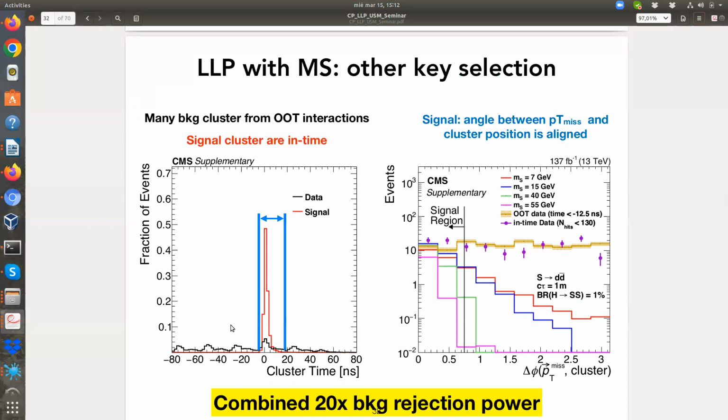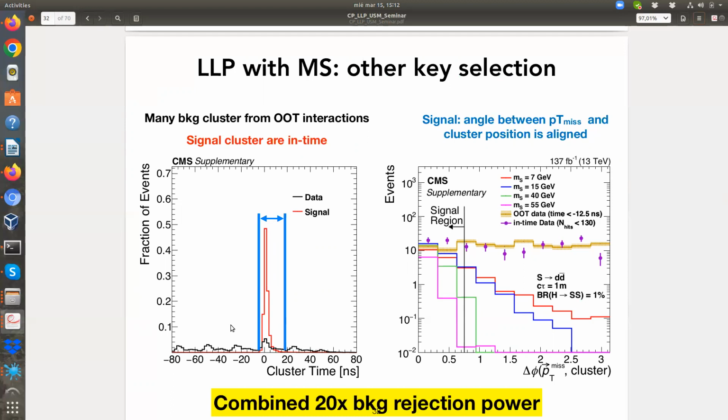That was interesting in telling you what type of backgrounds we're having, but additionally, it provides more discrimination power and a means for background estimation, because the nHits variable doesn't correlate with this variable. These two curves are for time below 130 and the other buckets in time, and you see that they're all flat.